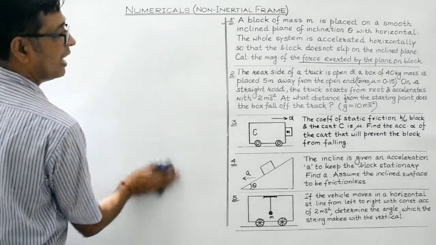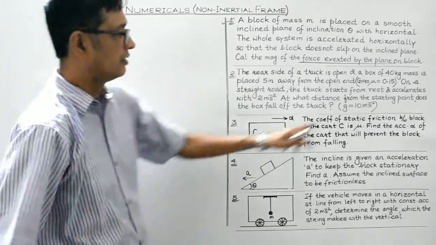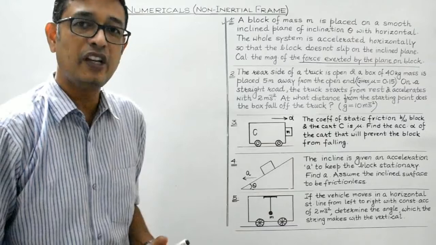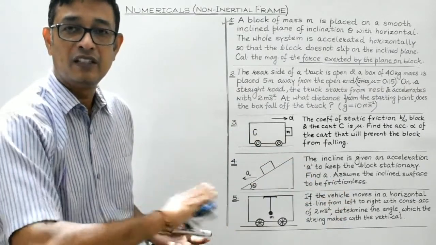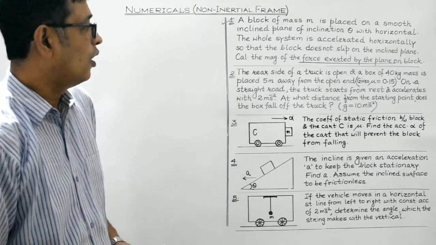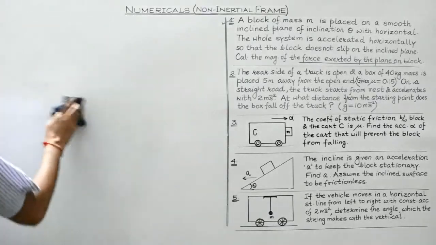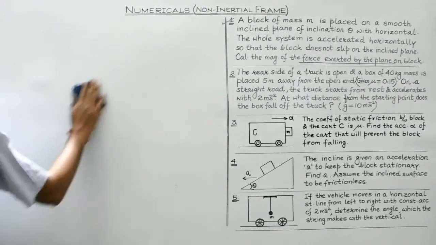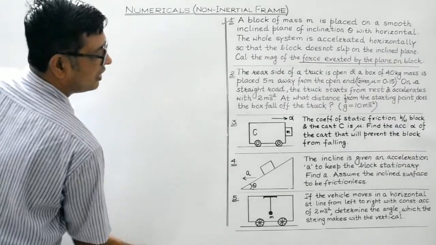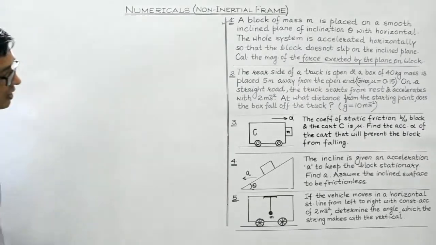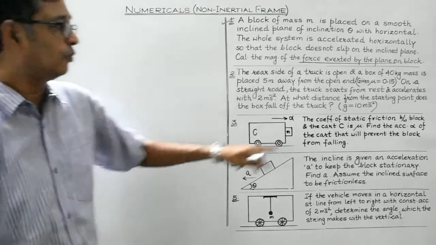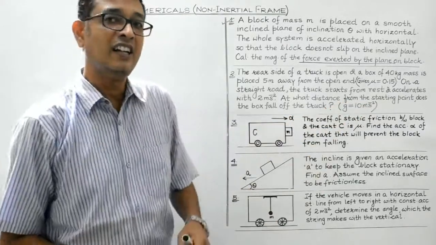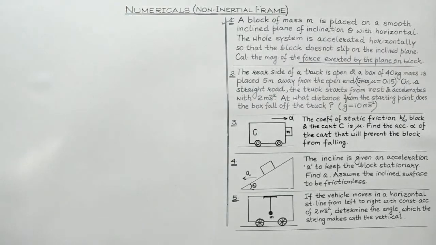The coefficient of friction between the block and the floor of the truck is given. On a straight road, the truck starts from rest and accelerates with 2 meters per second square. At what distance from the starting point does the box fall off the truck? And we are supposed to take the value of small g as 10 meters per second square.